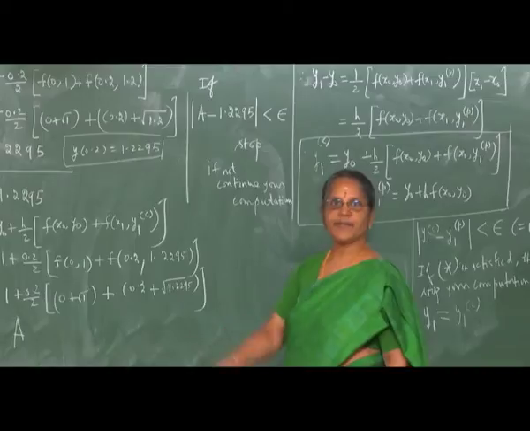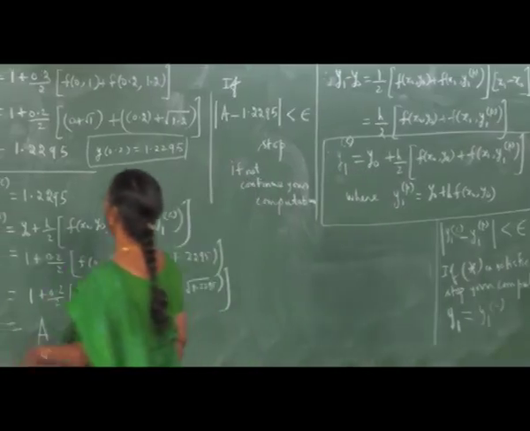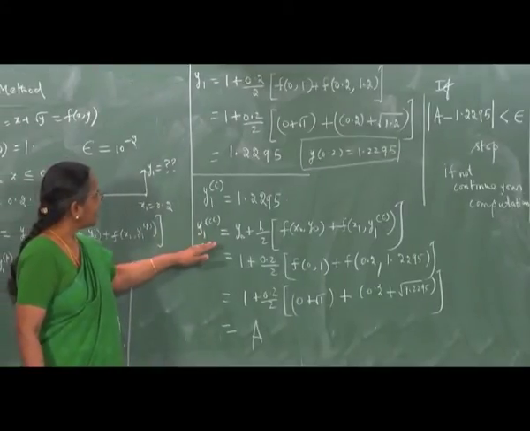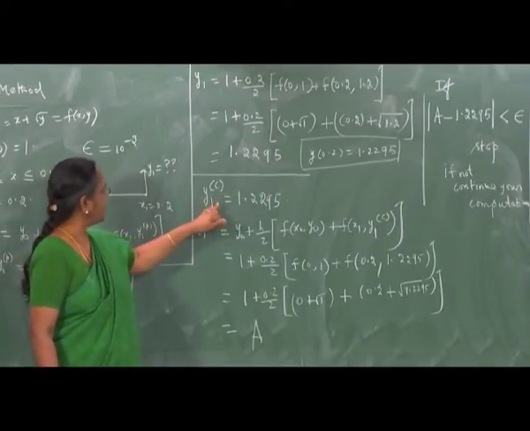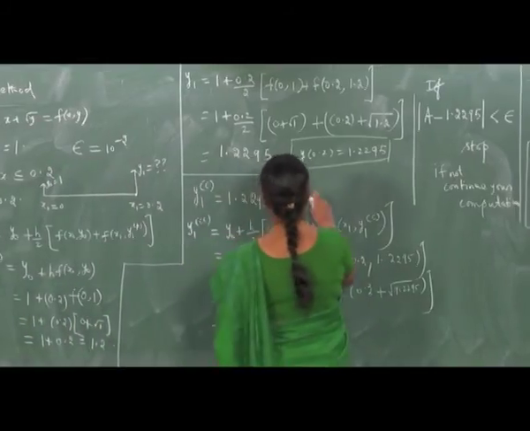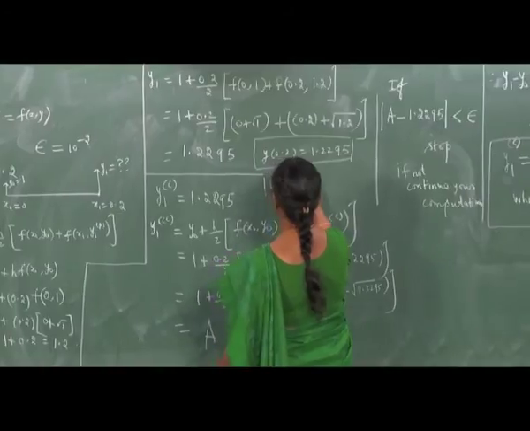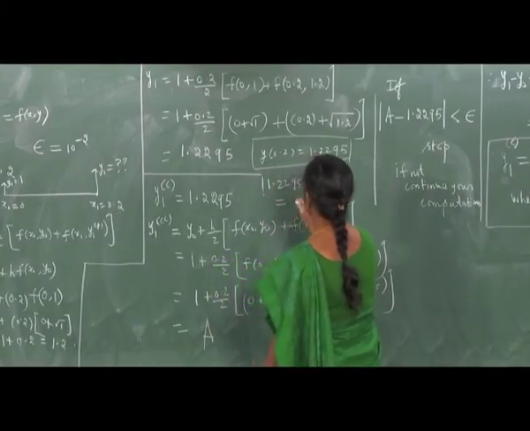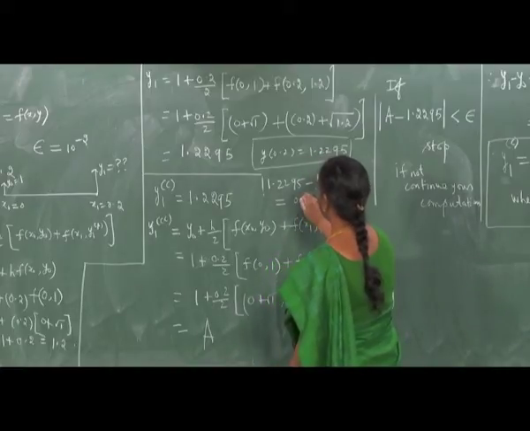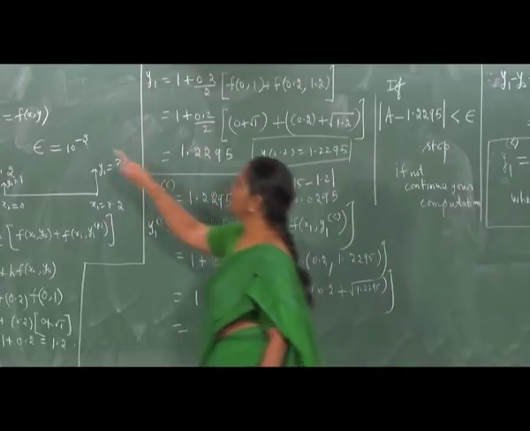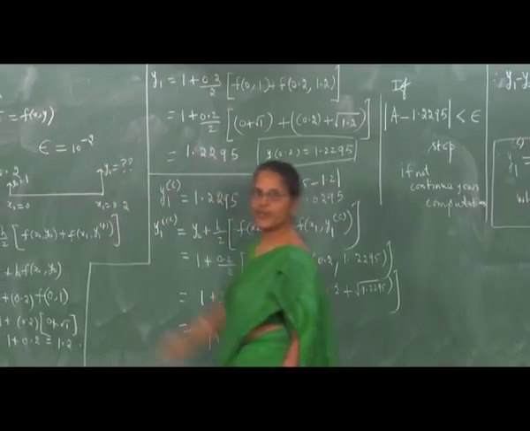You may ask me why at all you computed the second corrected value, because we immediately observed that the first corrected value is 1.2295 and the predicted value is 1.2. So, the difference turned out to be 0.0295 and we wanted an accuracy of 10 to the minus 2.